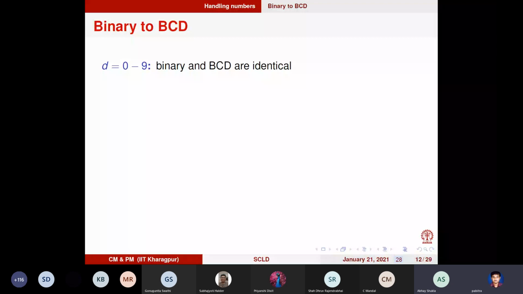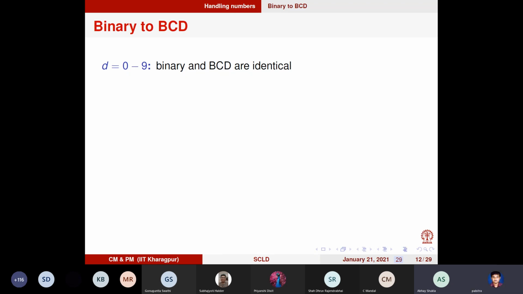So people came up with several such codes of representing decimals using bit strings. One of the most popular representations is something called a binary coded decimal. What is done in a binary coded decimal is that you have a decimal number, say 2022.